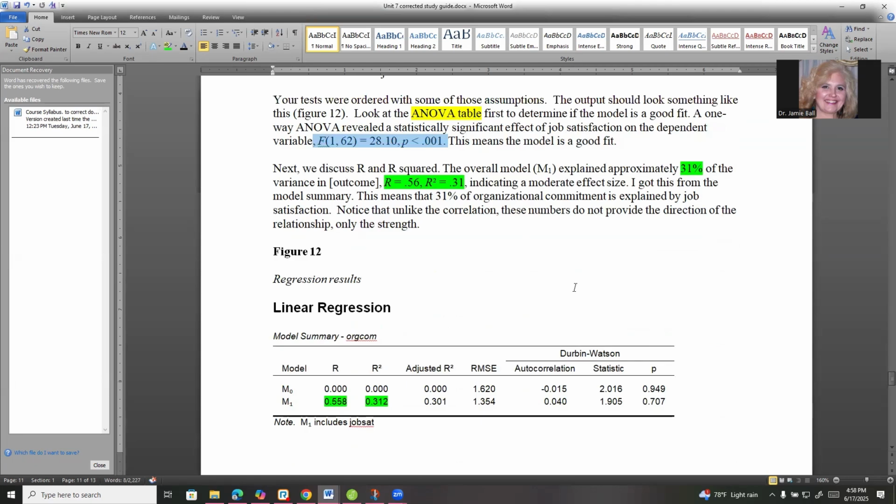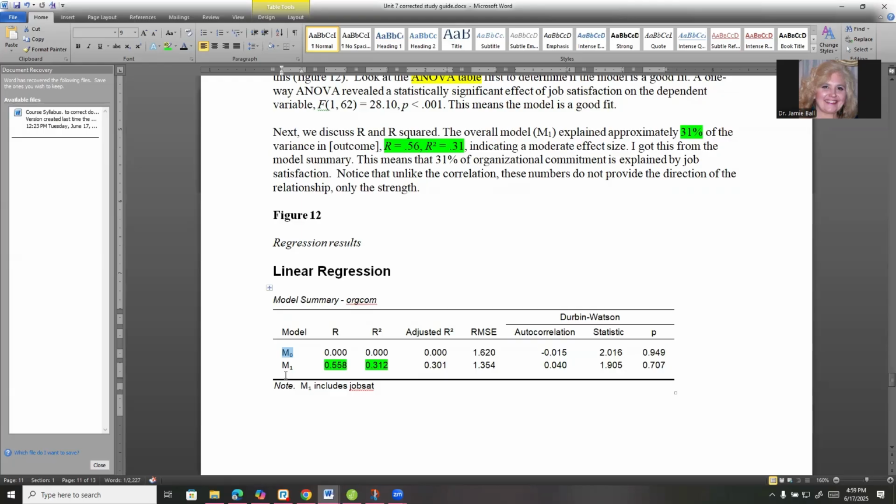Now, the next thing that we want to interpret are the coefficients. So for a simple linear regression, we discuss R and we discuss R squared right here. Now remember, the first model, M0, just gives us the baseline and the intercept, which is the average of the dependent variable. End of story. So without adding a predictor, we're starting off at 0.